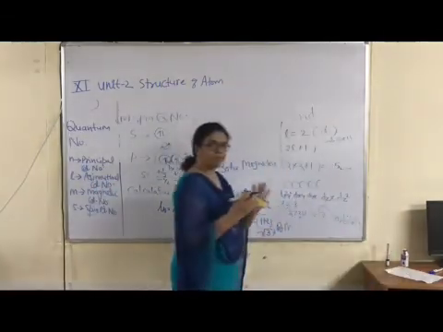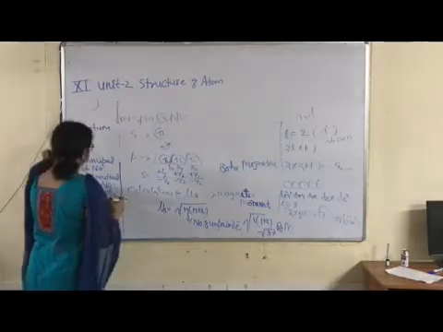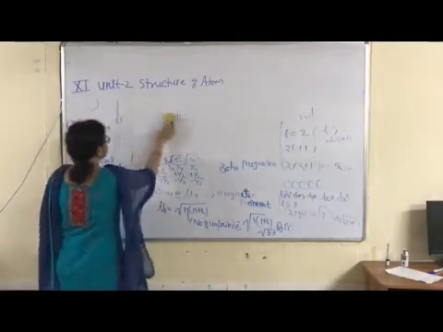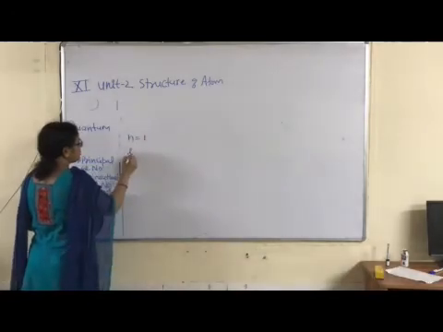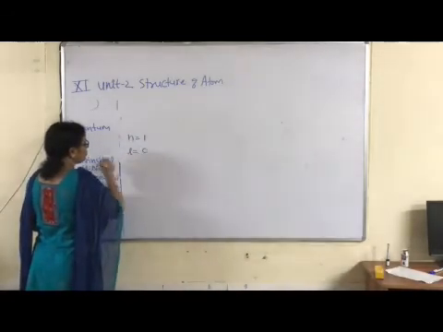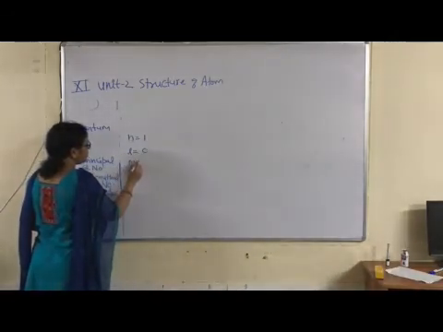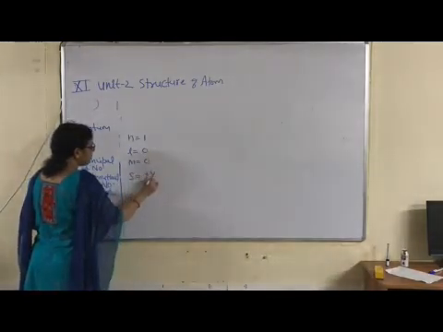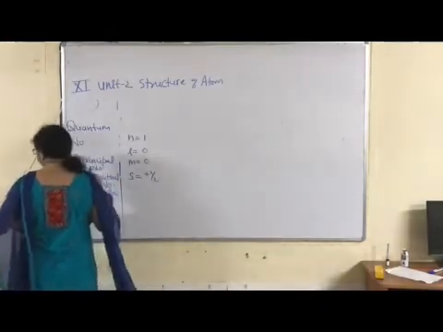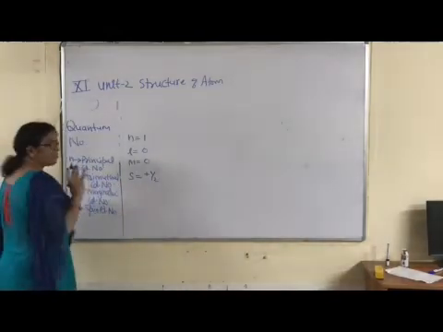Now children, some problems which are based on quantum numbers only. If principal quantum number is equal to 1, secondary quantum number is equal to 0, magnetic quantum number is equal to 0, spin quantum number is equal to plus half only, then what is the name of subshell?